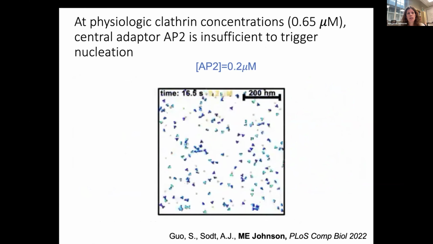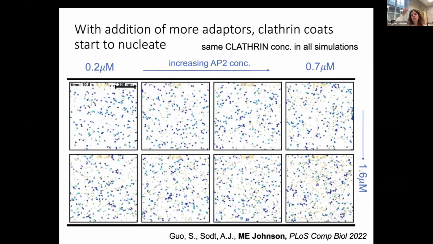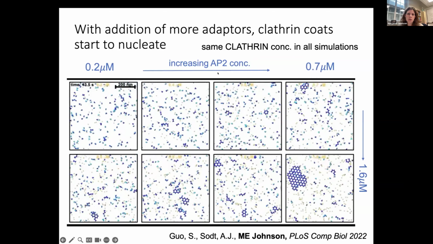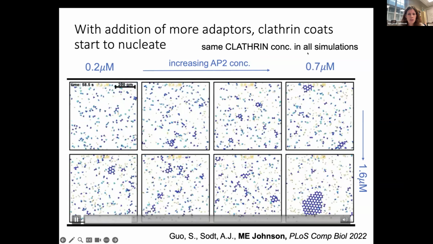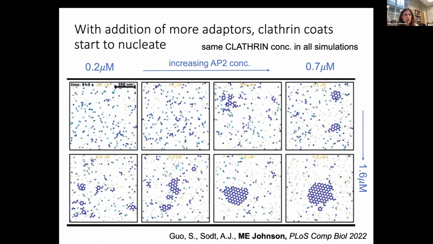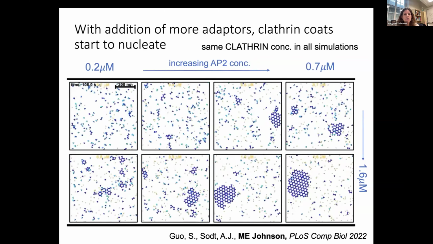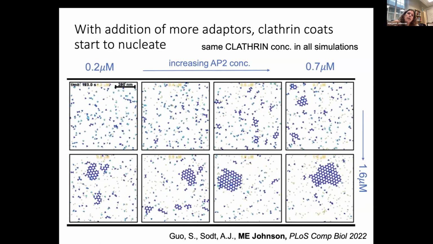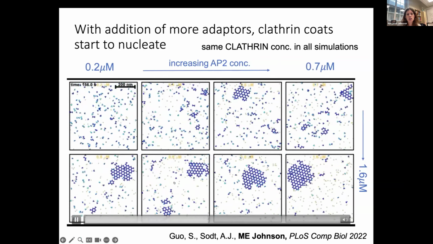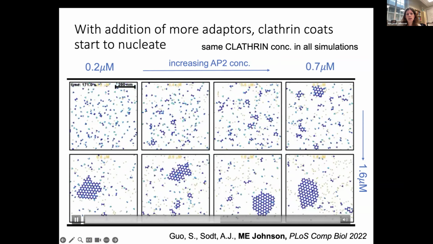Here we don't see any. The only way we can finally get it to nucleate these clathrin lattices is if we start giving it more of these adapter proteins. What's interesting about these simulations is that every single one has the exact same amount of clathrin. We're not giving it more clathrin, we're giving it more adapters that can recruit it to the membrane, and that's what it needs to start to trigger assembly.